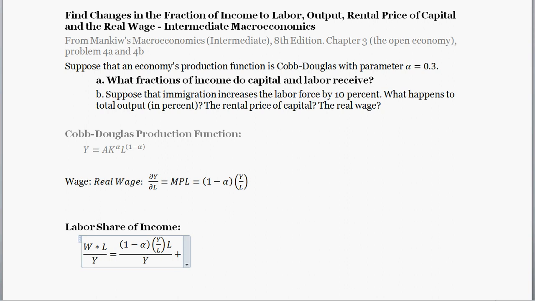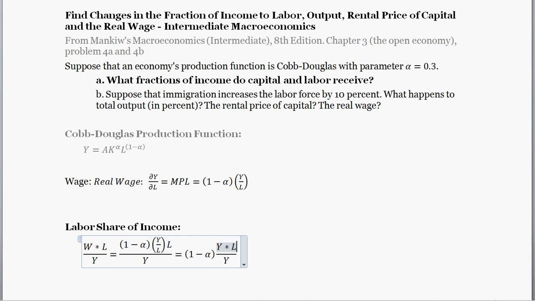So let's just reorganize this a little bit to make that clear. So you got 1 minus alpha, and then y is up top, y is down here. So you got y divided by y, and then you got L here.